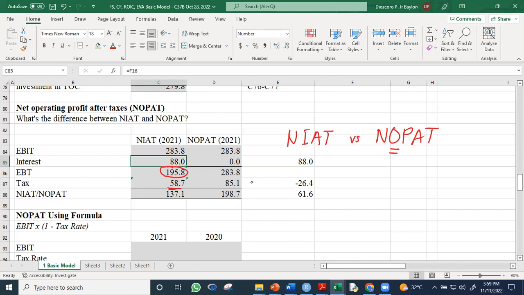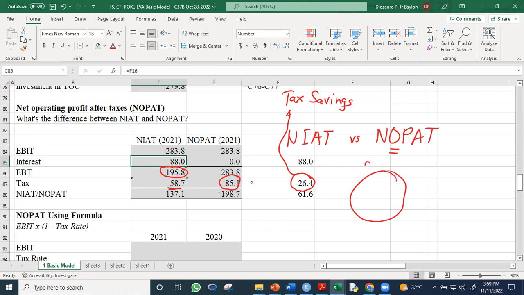That's one of the reasons why the use of debt is important in the company, because there's tax savings here. The tax savings here is 26.4, right? This is the tax savings. Instead of paying 85.1, the company paid 58.7, a difference of 26.4. So therein lies the difference between NOPAT and NIAT.